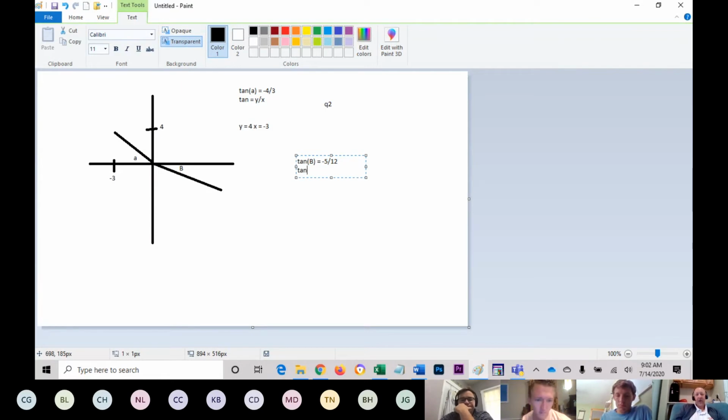Tangent we know is y over x, right? Yep. So what should your coordinates be? Is y negative 5 or is y positive 5 in this? Y is negative 5 because we went down from the x-axis. And x equals 12.